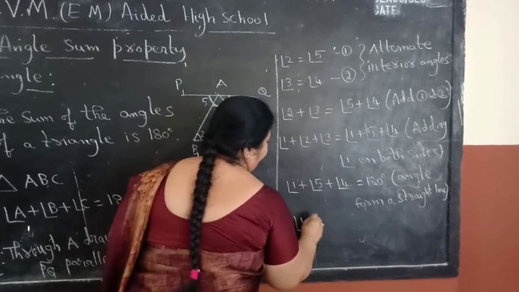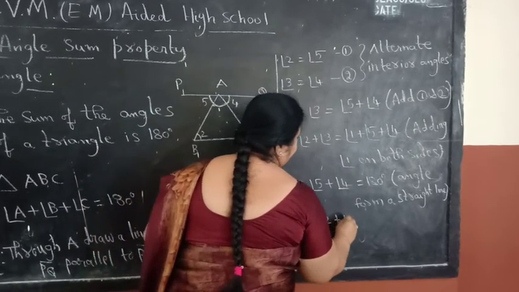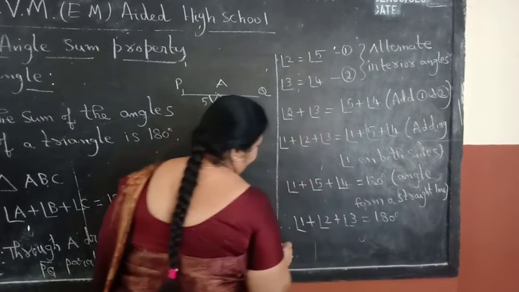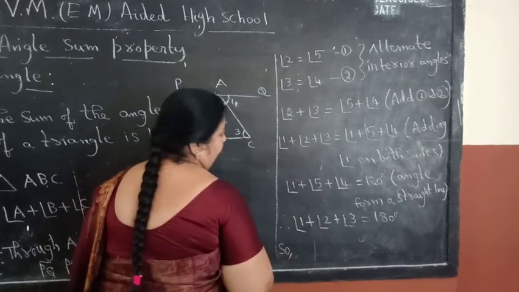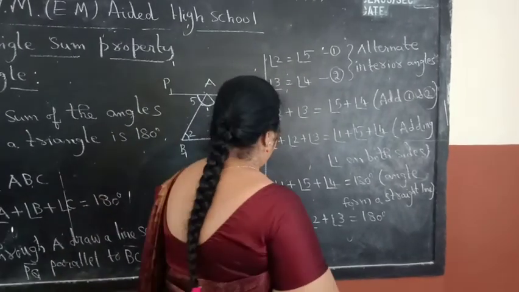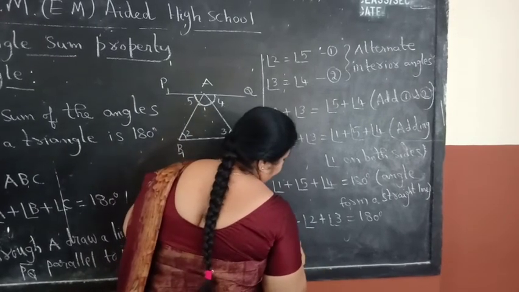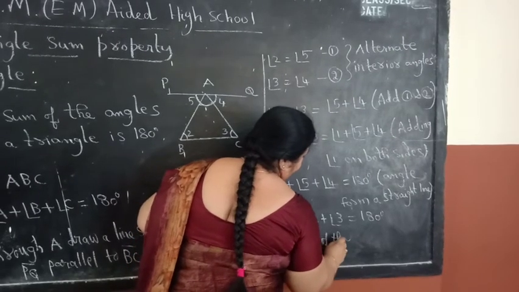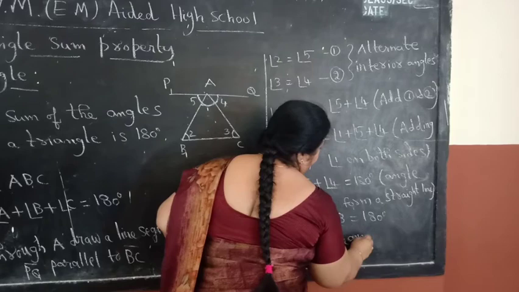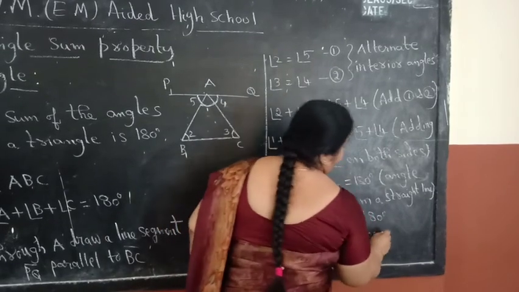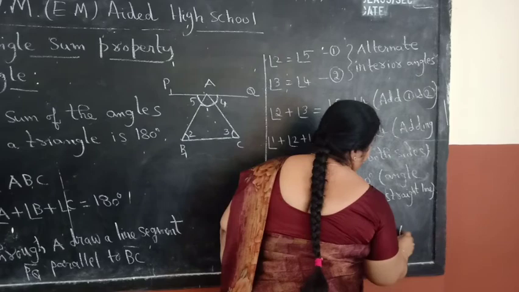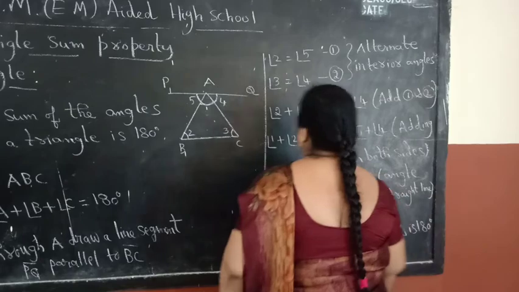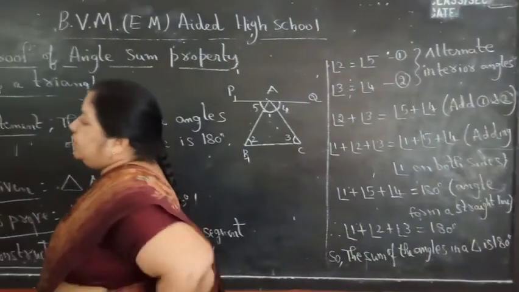So in triangle ABC, the sum of the angles in a triangle is 180 degrees.